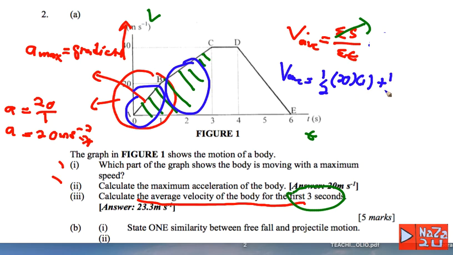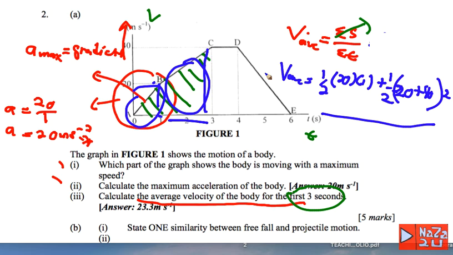The area of the trapezium uses the equation half times the parallel lines 20 and 40, so 20 plus 40, times the time for the trapezium, which is 1 to 3, meaning 3 minus 1 equals 2, divided by the total time of 3 seconds.